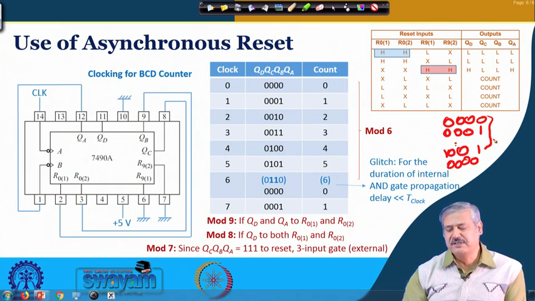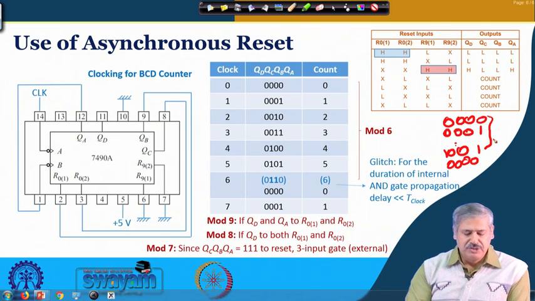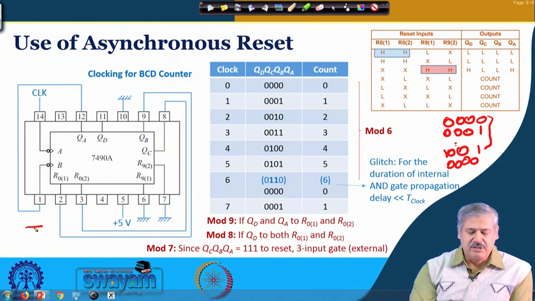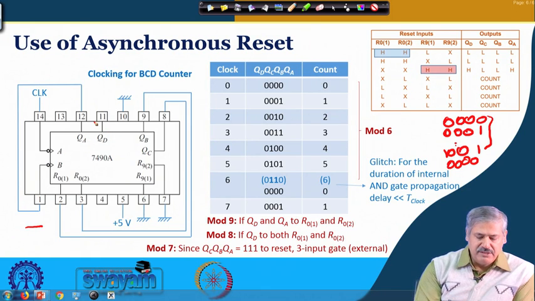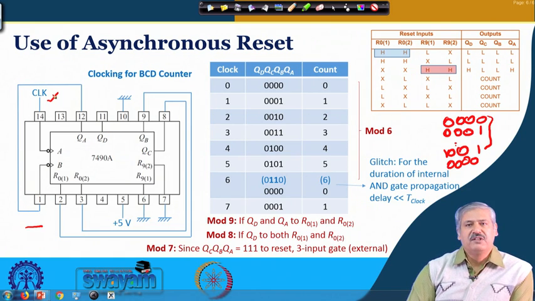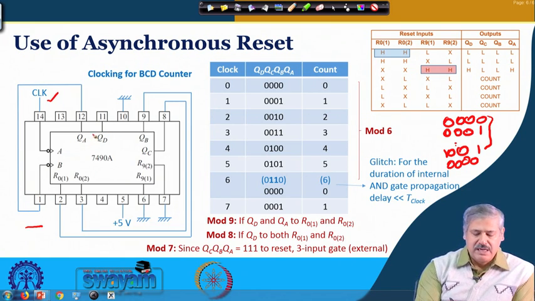We have seen in the previous class that the IC 7490A, this particular BCD counter, has been connected in this manner. The clock is fed to the mod 2 counter, and the QA output is fed as clock to the mod 5 counter.